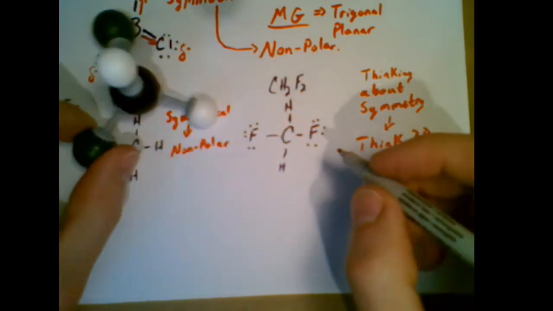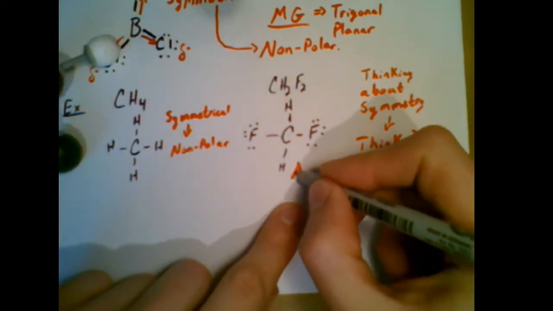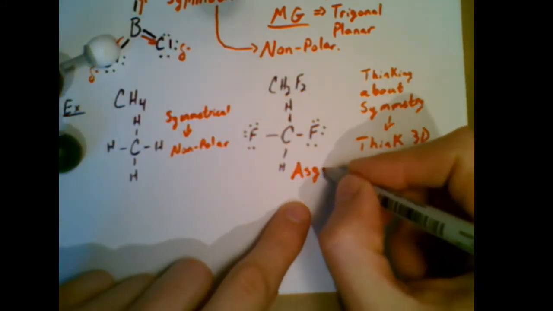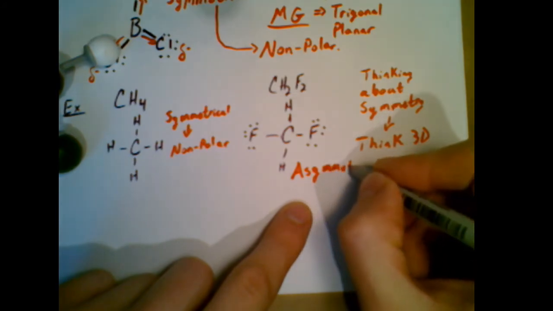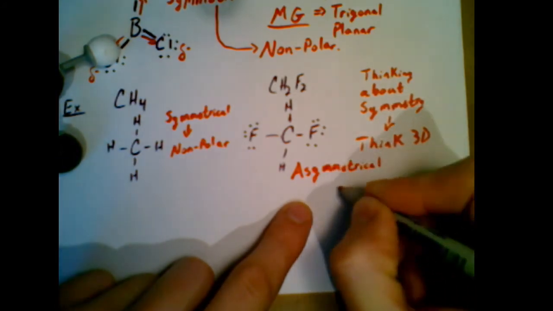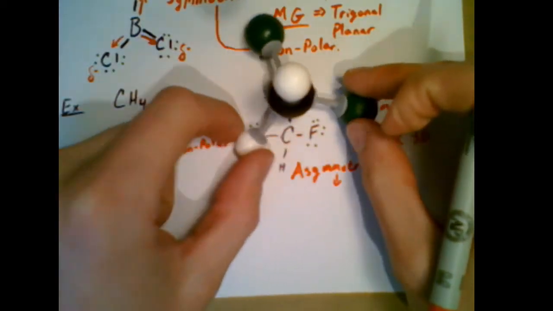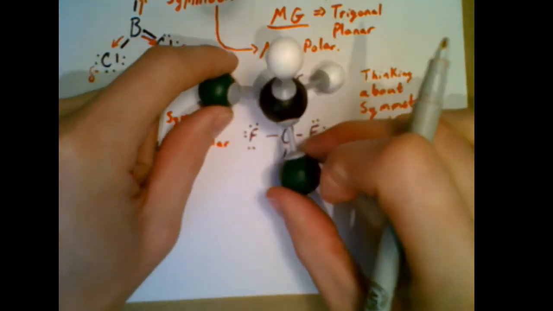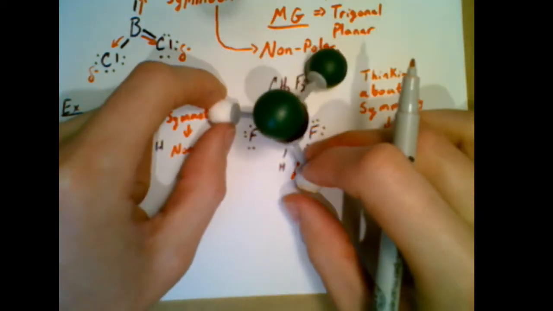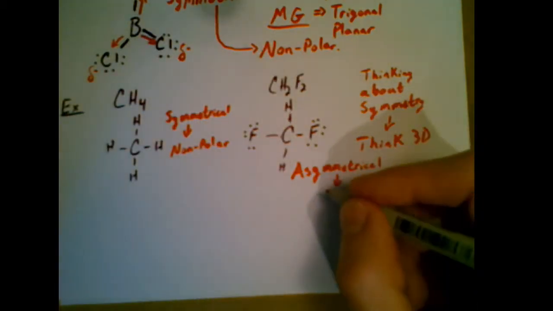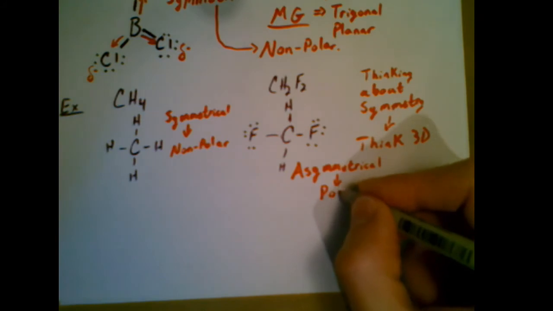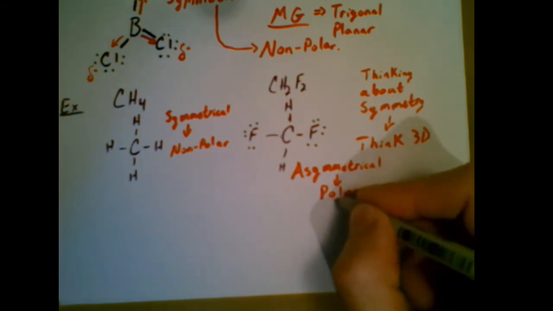Because this molecule is considered to be asymmetrical, meaning that when I rotate it, it does not look the same in every rotation, that tells us that this is a polar molecule.